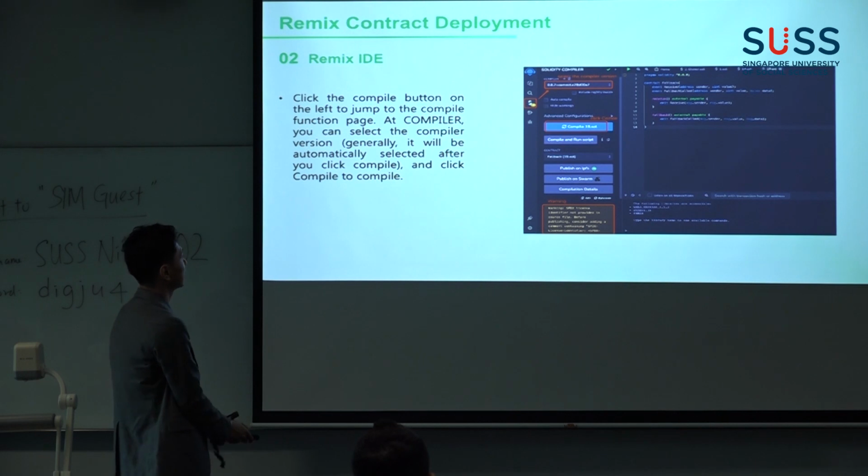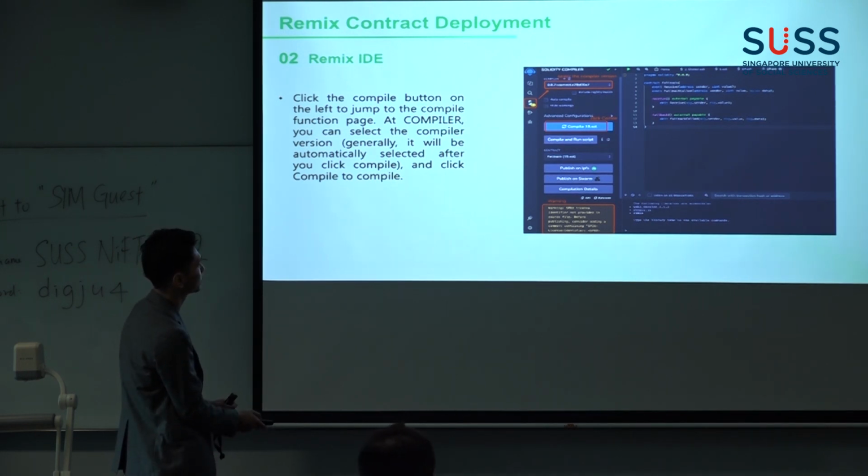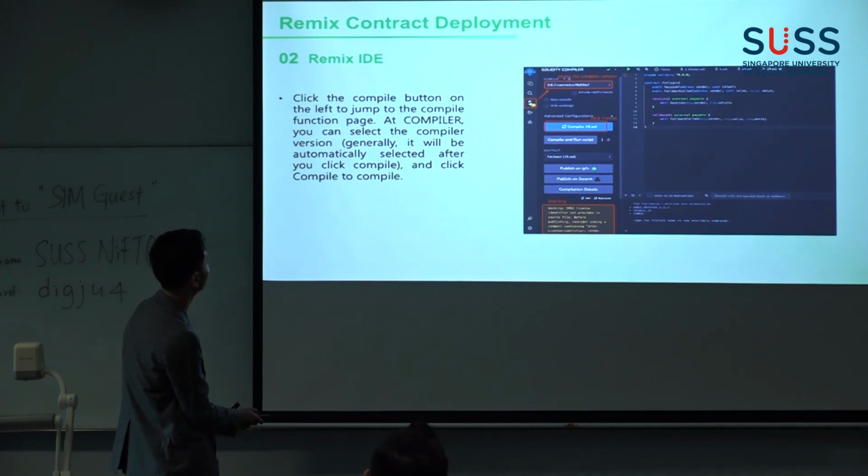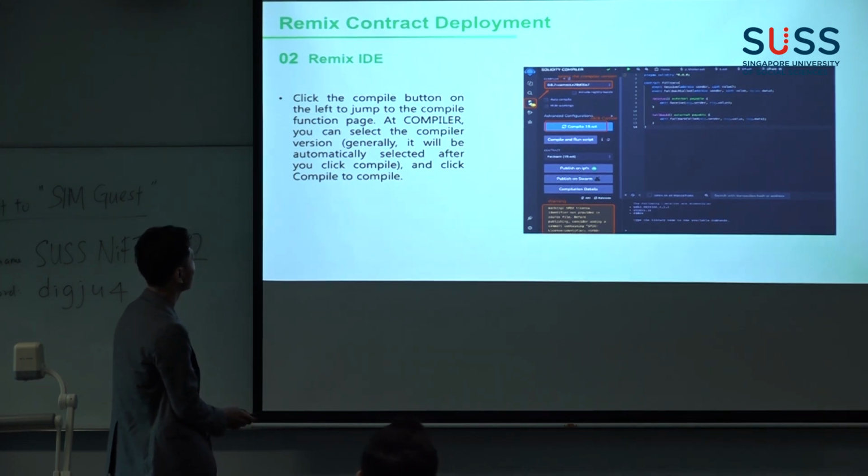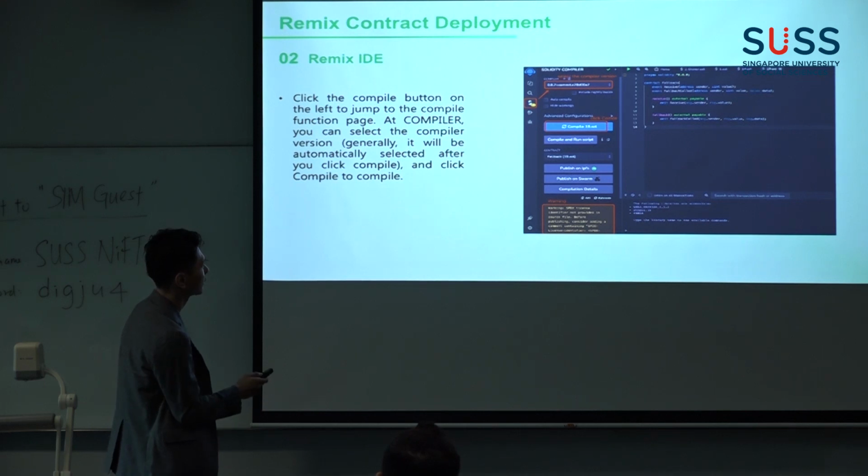Remix IDE will intelligently infer what compiler version to use when we choose compile. Click the compile button on the left and jump to the compiler function. At the compiler, you can select the compiler version yourself, or it will be chosen automatically. And we can compile our contract.